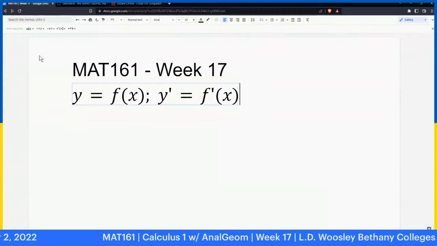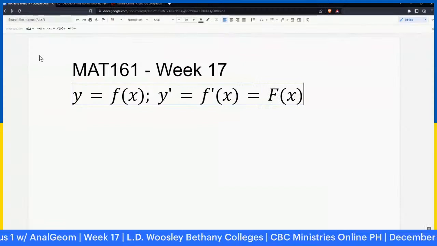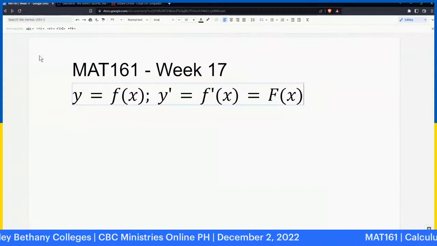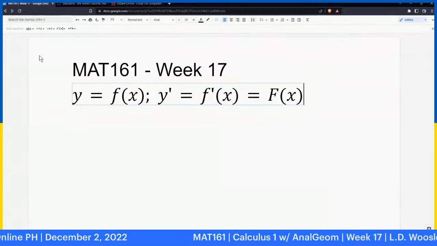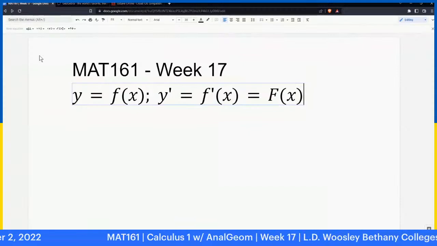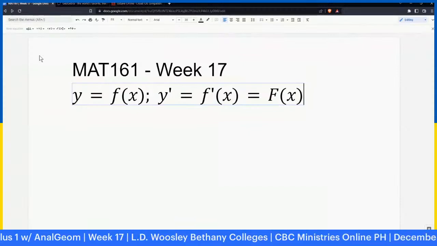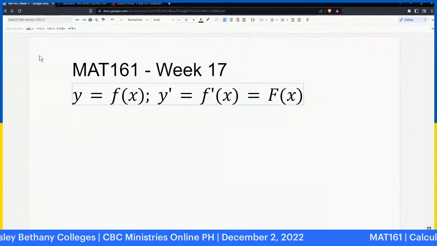But this could be equated into another function. We call it f of x. And solving back, now since this is the derivative, solving back, that now becomes the antiderivative of f of x, something like that.